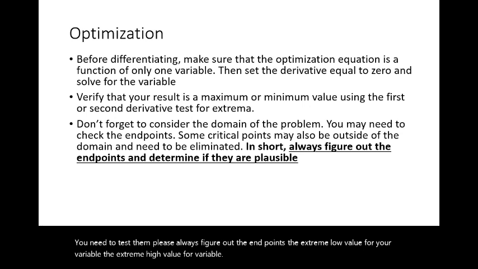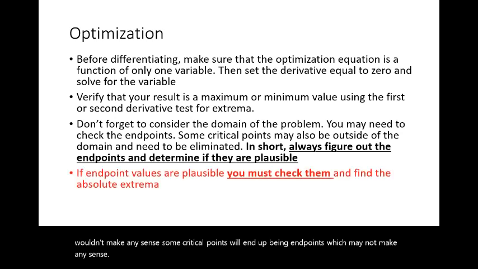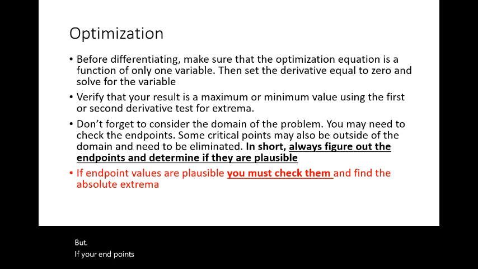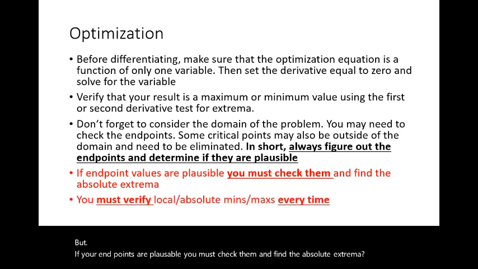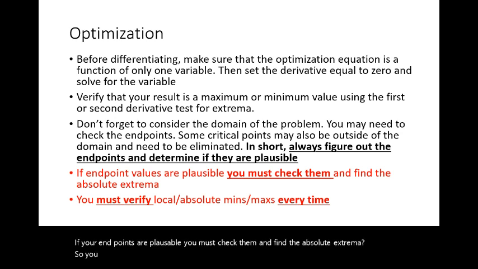Some critical points will end up being endpoints, which may not make any sense. But if your endpoints are plausible, you must check them and find the absolute extrema. So, you have to check the endpoints if they are plausible.